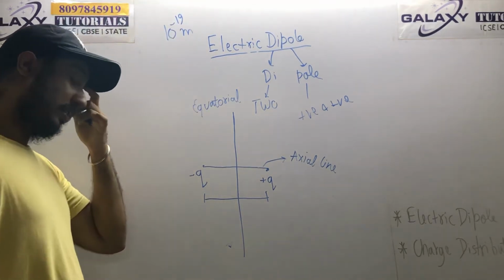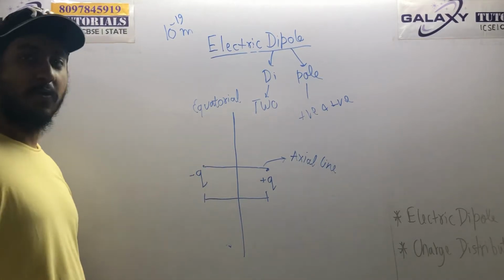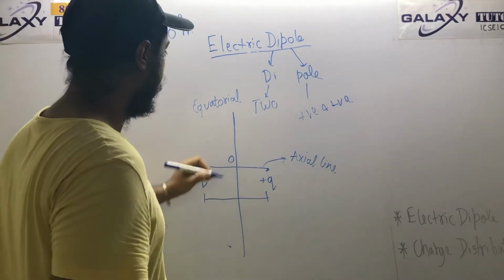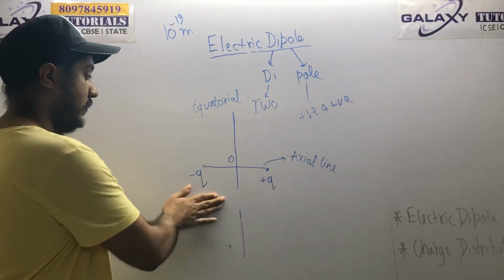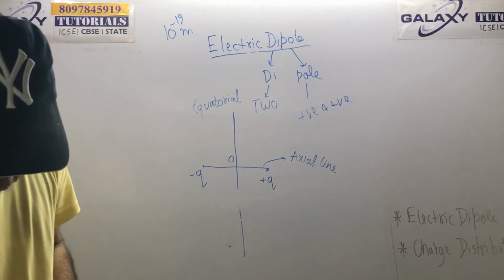And the distance of the two charges plus and minus q is measured from this equatorial line.